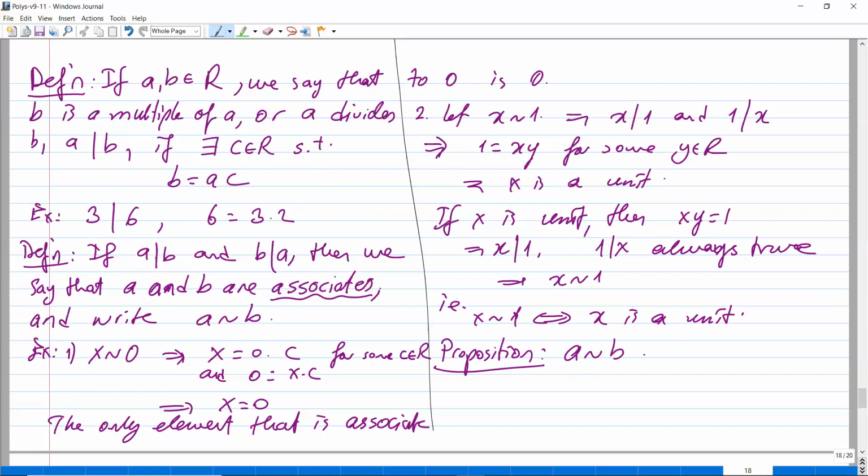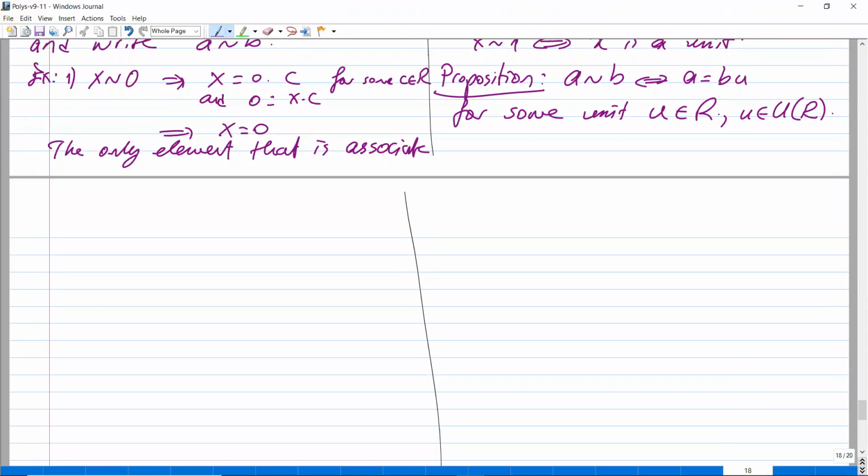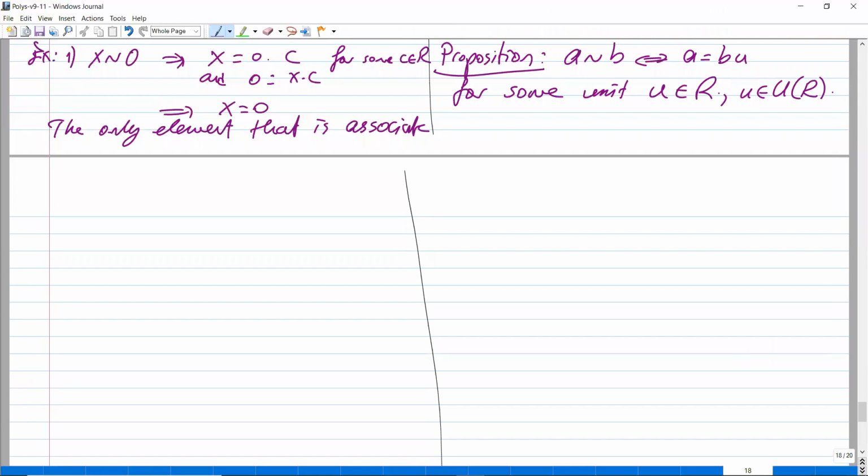A is associated to B if and only if A is equal to B times u for some unit u in R, or we write it like this: little u is inside the group of units. So here's a proof of this proposition.